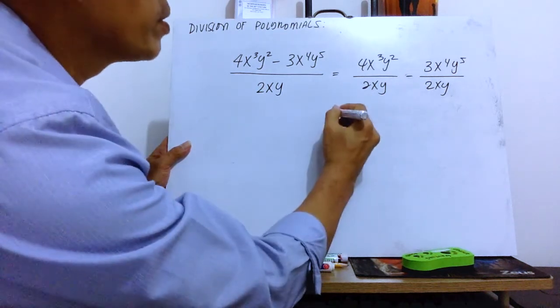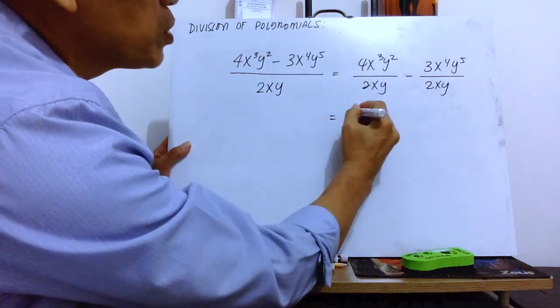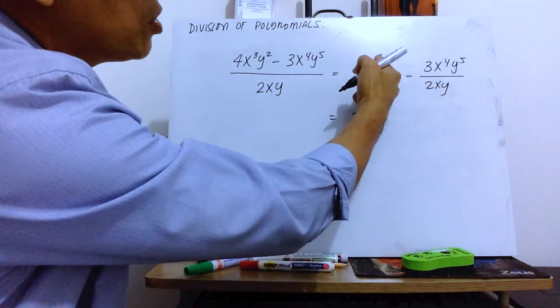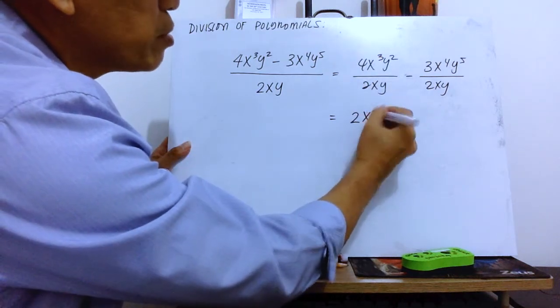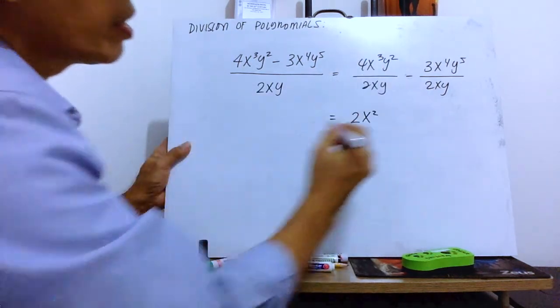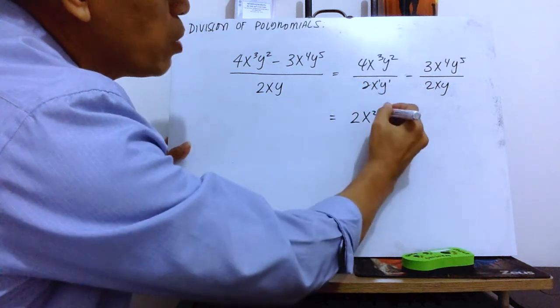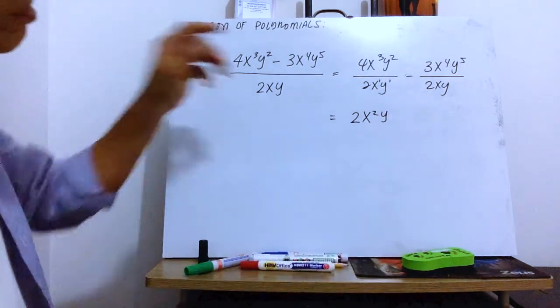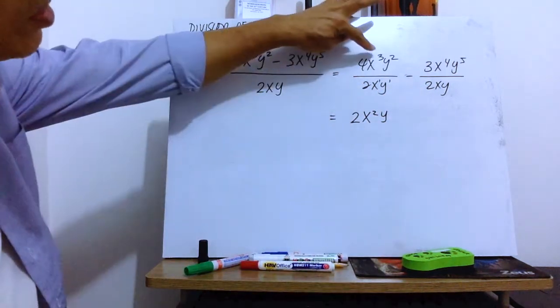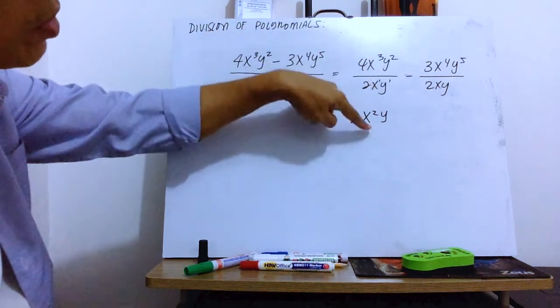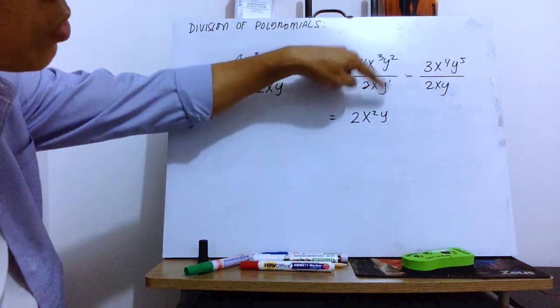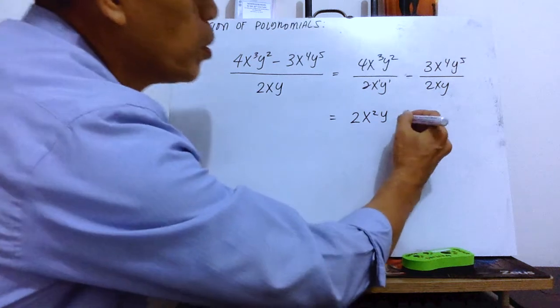All right. So 4 divided by 2 is 2. X cubed over x, 3 minus 1 is 2. 2 minus 1 is 1, so it's y. Minus.